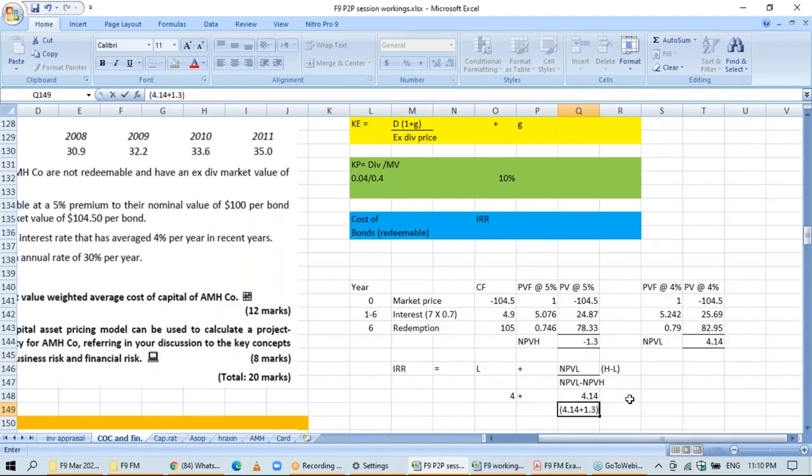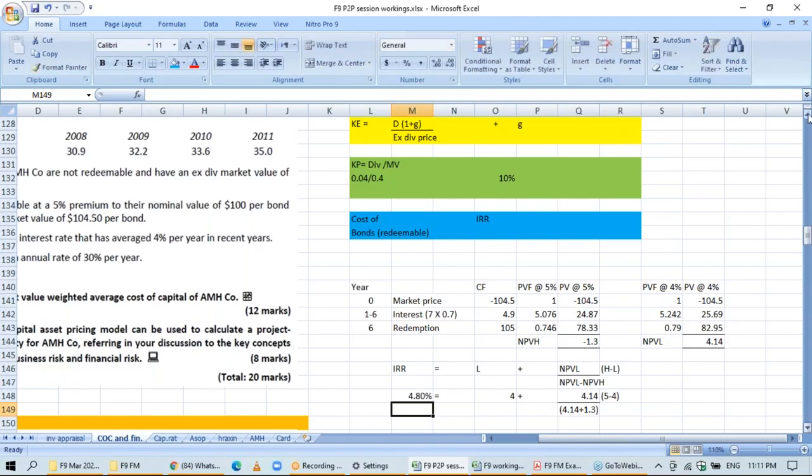Minus minus gets plus, and then 5 minus 4. This gives you the internal rate of return. Now use your calculators to arrive at the internal rate of return. The internal rate of return comes to 4.8%. So that's the cost of the bond.